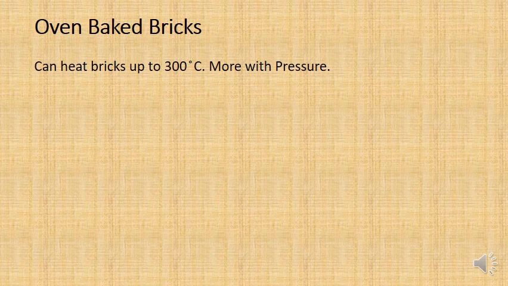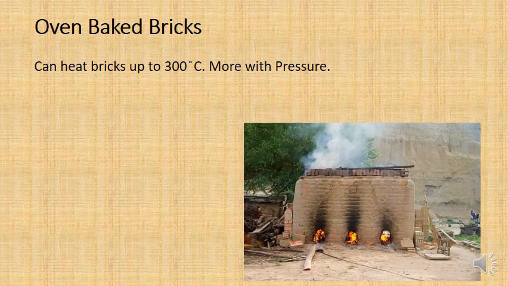They didn't understand all the chemical reactions taking place, but they recognized that it increased the strength. And equally, if you increased the pressure, it would also increase the strength, because basically increasing the pressure will increase the rate of reaction, similar to heat.